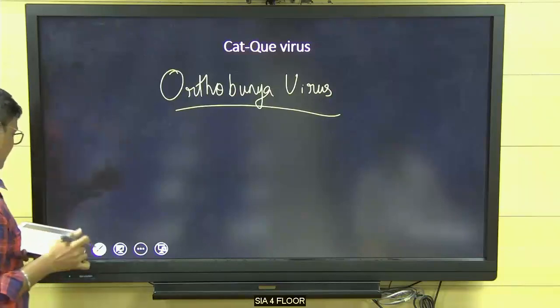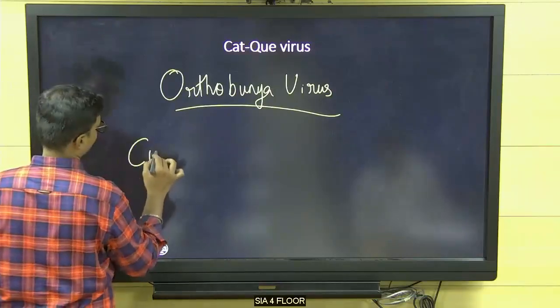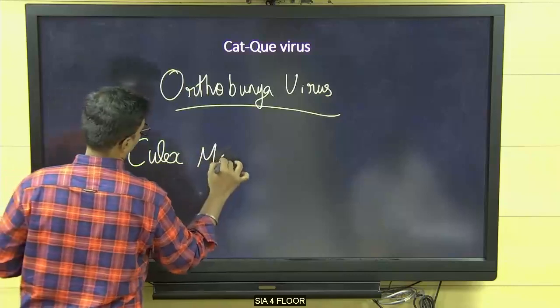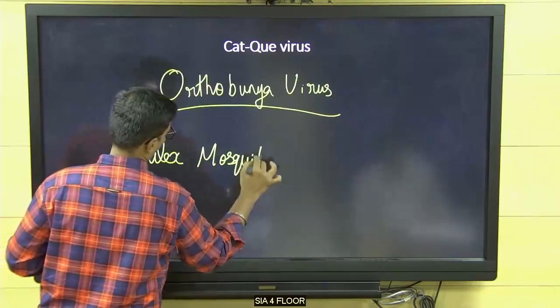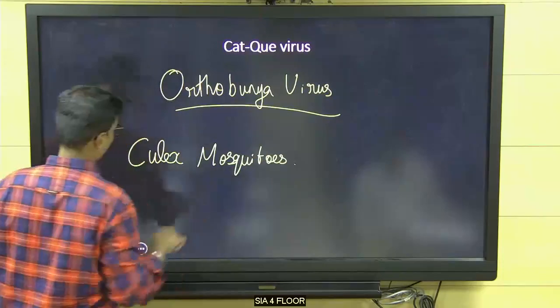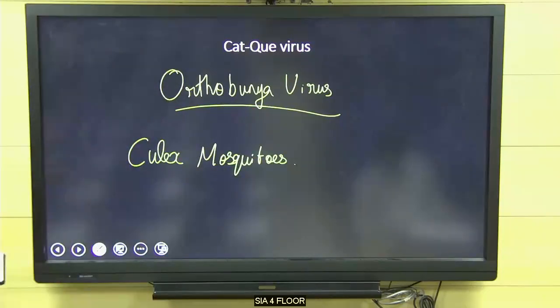Generally, mosquitoes are the carriers, mostly Culex mosquitoes. The three types of Culex mosquitoes present in India can be potential carriers of Cat Que virus. It can be transmitted to humans, but right now it's not gaining merit because no cases have been reported.